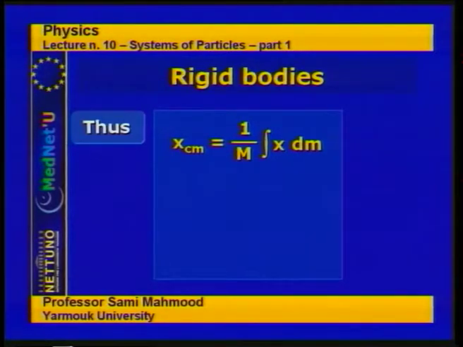Here, capital M is the mass of the rigid body that we are after finding its center of mass. That's the total mass of the body.